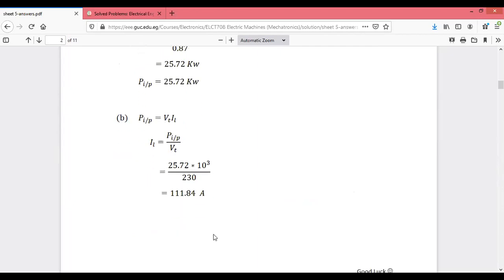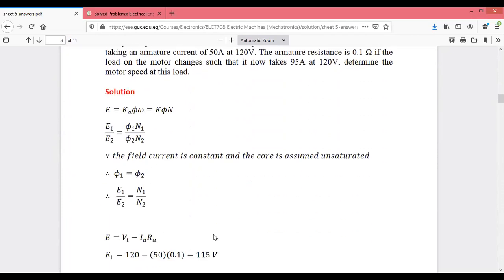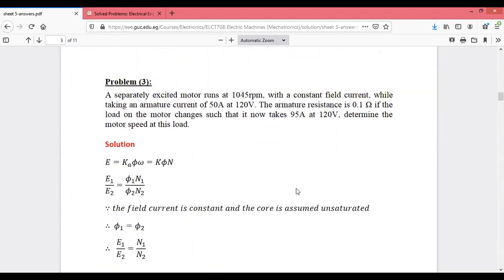So here again we have lots of problems. We can see them one by one. This is on the top. What they have given here: a separately excited motor runs at 1045 RPM. That is nothing but speed, so you can take capital N because they have given RPM.